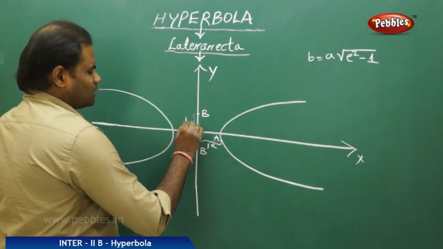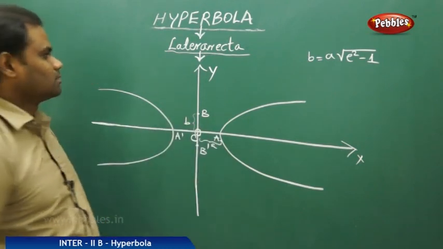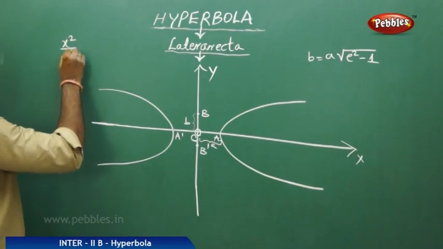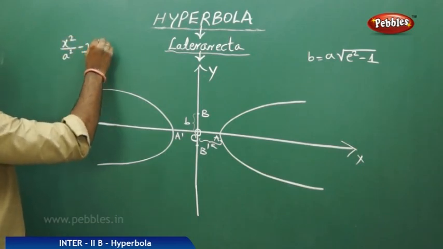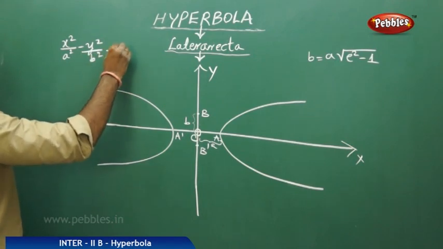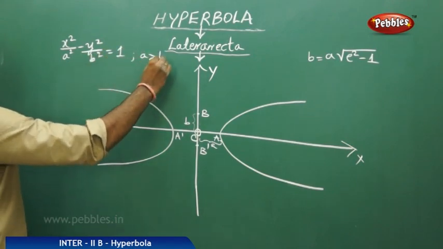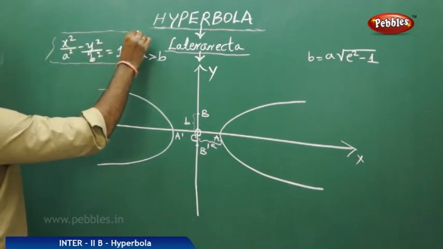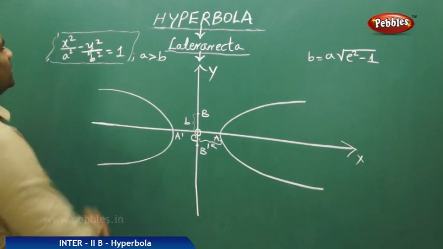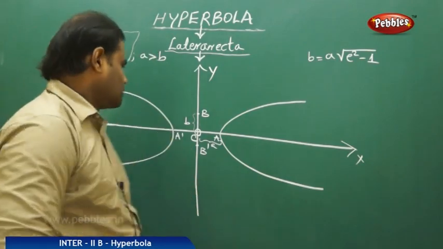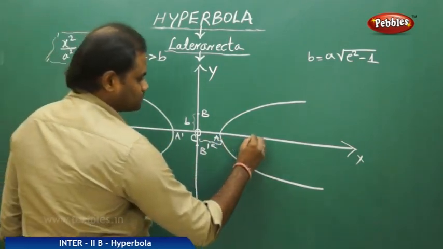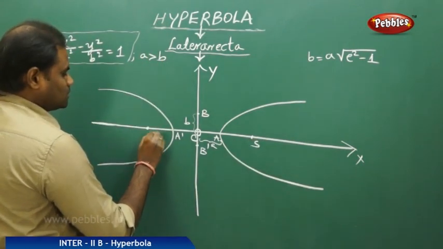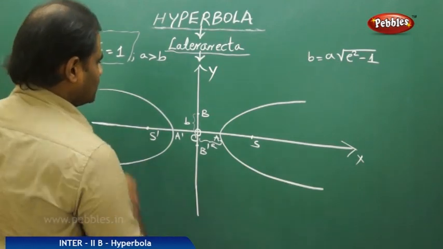So this is A and this is B, and the equation of the hyperbola is x squared by a squared minus y squared by b squared equal to 1 with A greater than B. Now here, we know that the foci are S and S dash clearly.